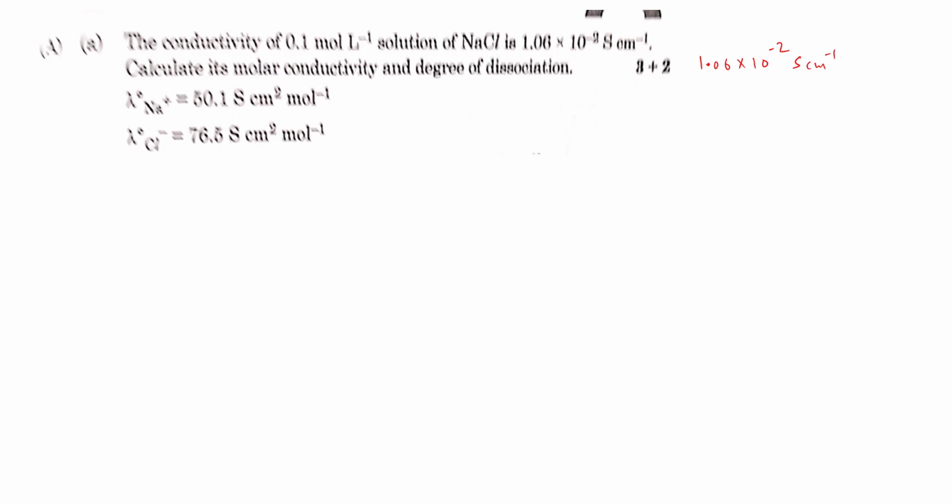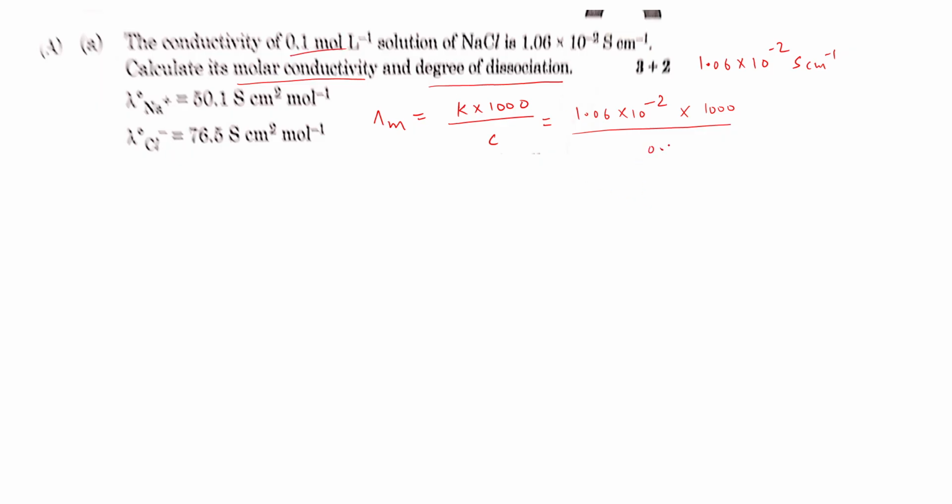What we have to calculate is molar conductivity and degree of dissociation. Two things. So first let us calculate molar conductivity. We know that lambda m equals kappa into 1000 divided by concentration. Kappa is given as 1.06 into 10 to the power minus 2, into 1000, divided by the concentration, which is 0.1 molar.